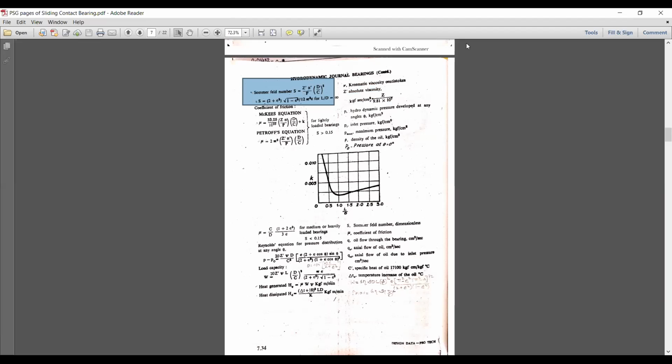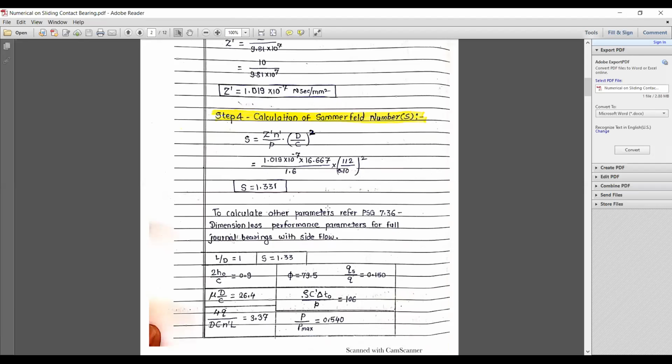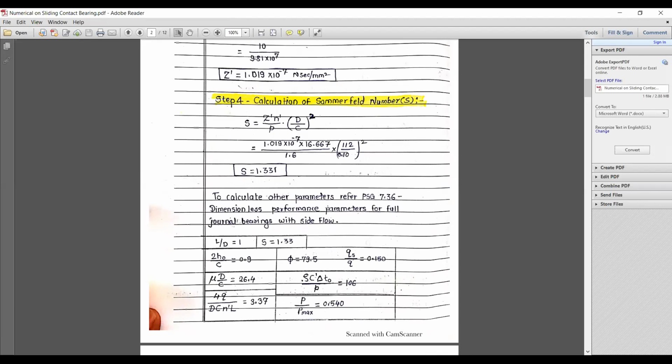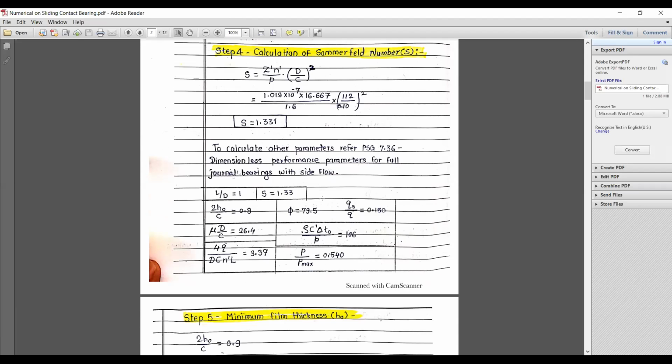So we have all the values which we have calculated and also selected from the PSG. Putting all the values, we get the value of S equal to 1.33. Now, based on the L by D ratio and the Sommerfeld number, how can we find these dimensionless parameters?